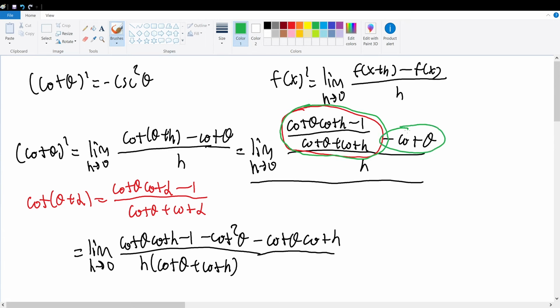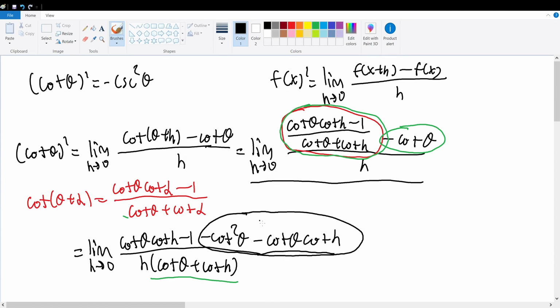To combine these two terms, we must obtain a common denominator of cotangent of theta plus cotangent h, which is present in the denominator right here. And in the numerator, I've simplified the cotangent theta times cotangent theta plus cotangent h to be the following: negative cotangent squared theta minus cotangent theta times cotangent of h.